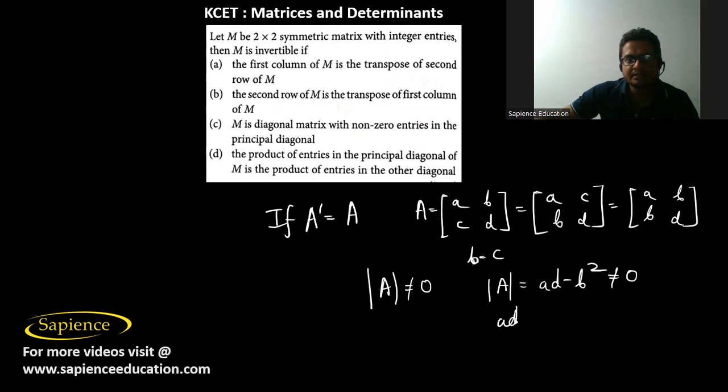It is invertible, so it means that A inverse exists if the determinant of A is not equal to 0. It means that AD should not be equal to B square.